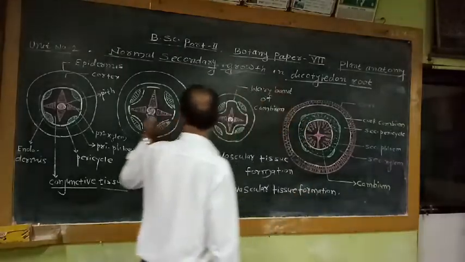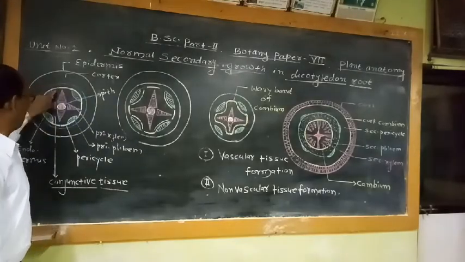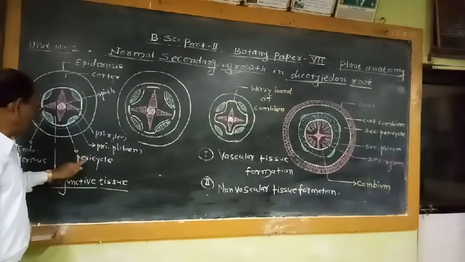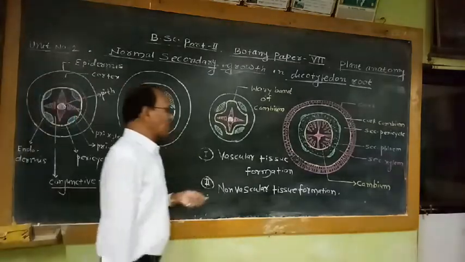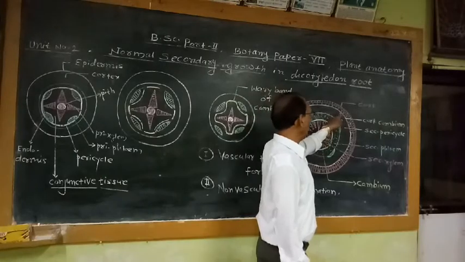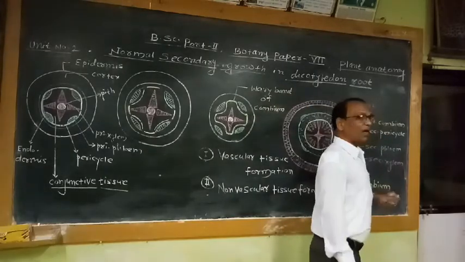At that time, the cells of the pericycle, which is the layer enclosing the conducting tissue strand, become meristematic and form another cambium, which is known as cork cambium.